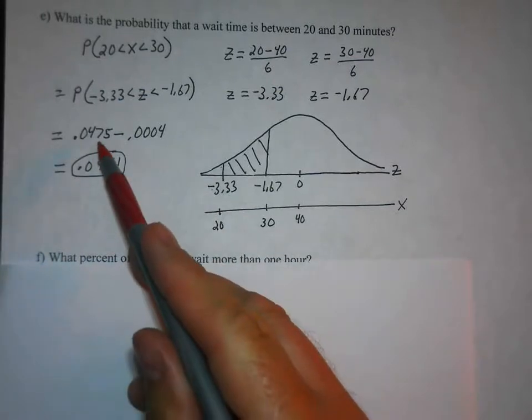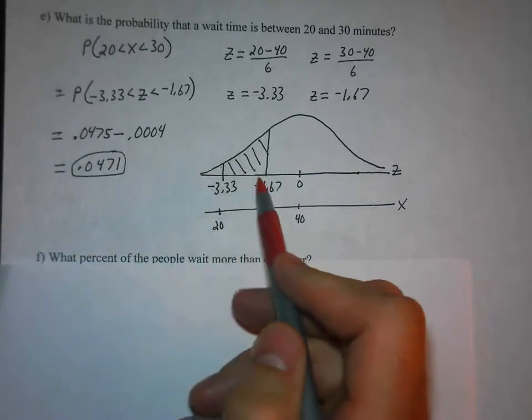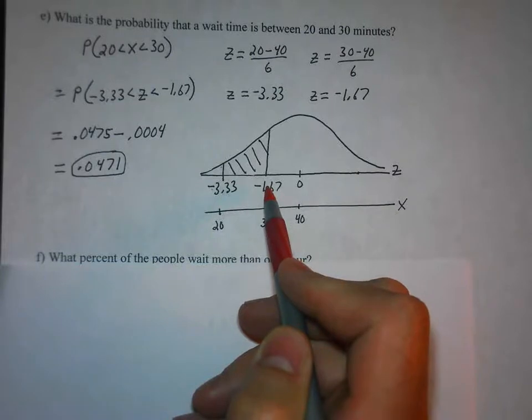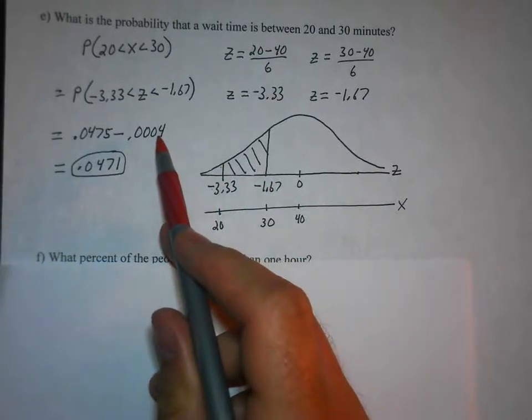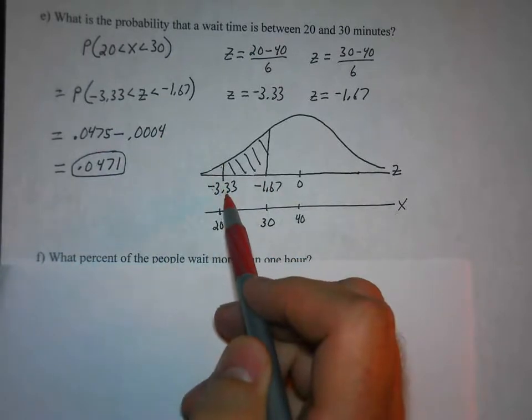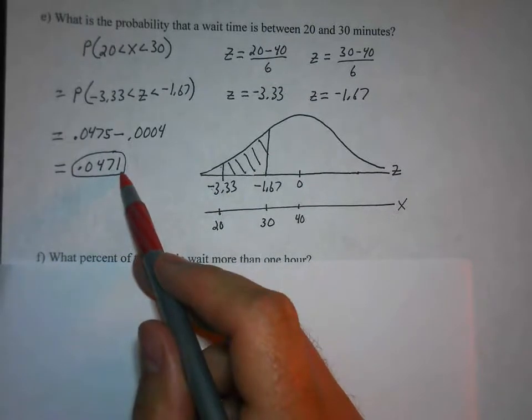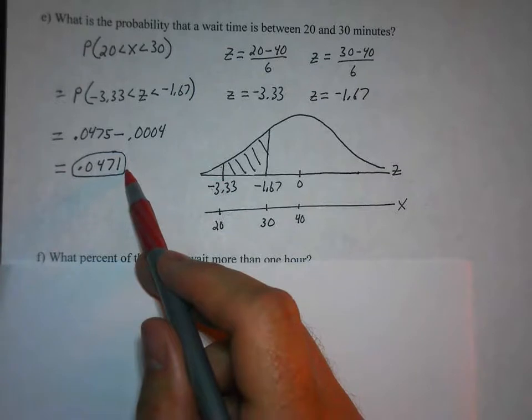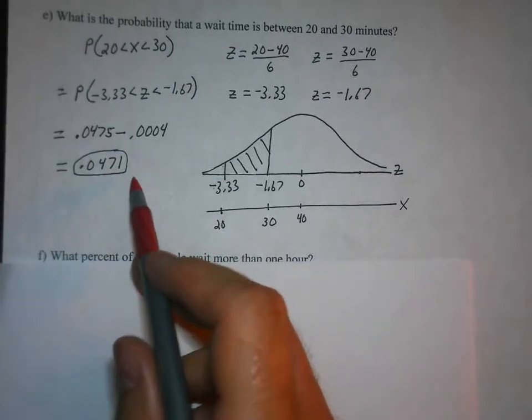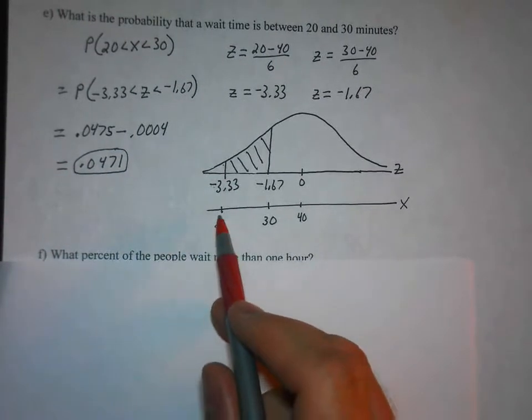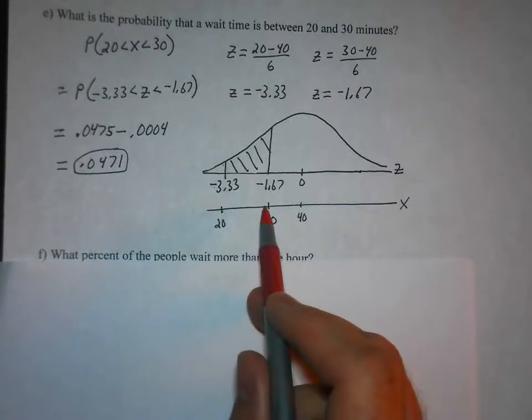So 0.0475 is what you get when you look up negative 1.67. And 0.0004 is what you get when you look up negative 3.33. So subtract those and that'll give you the area between them. And on the x-axis, that's the probability that you're between 20 and 30 minutes.